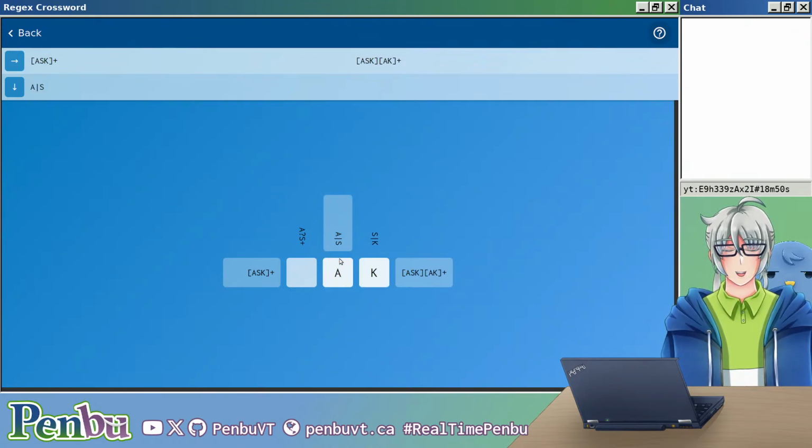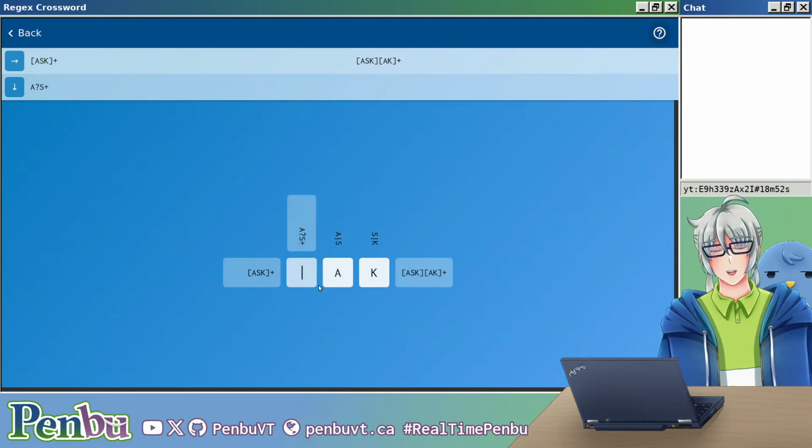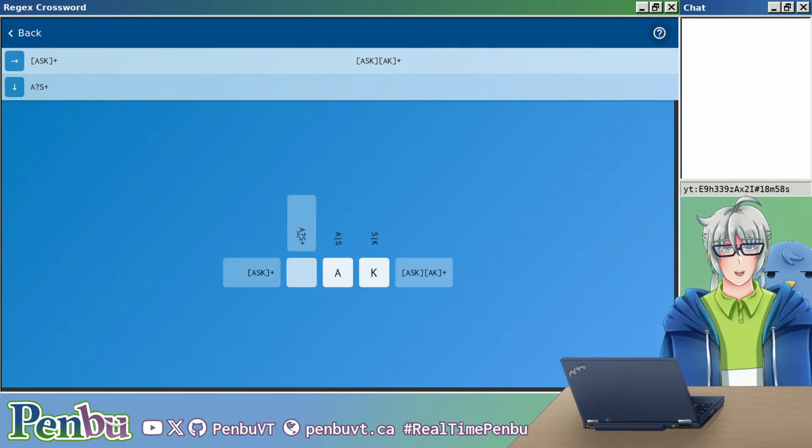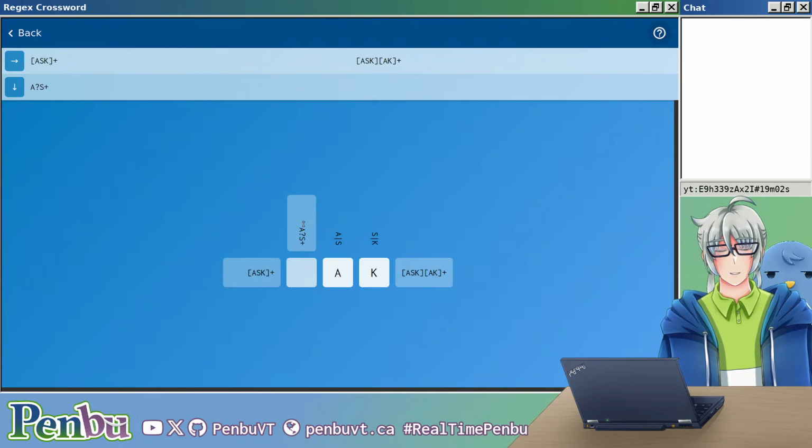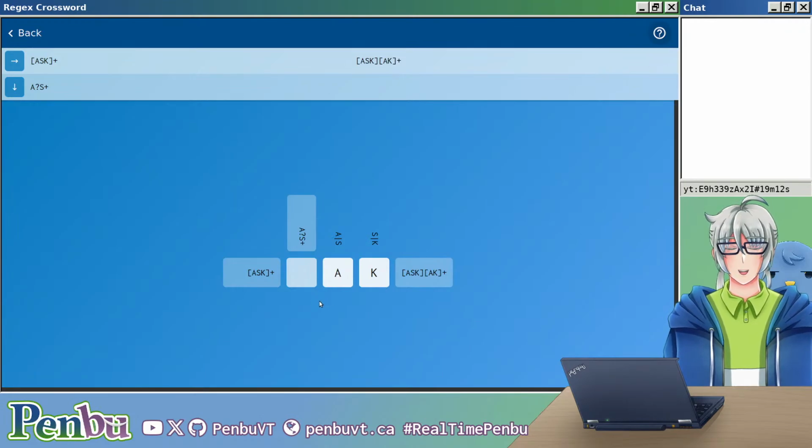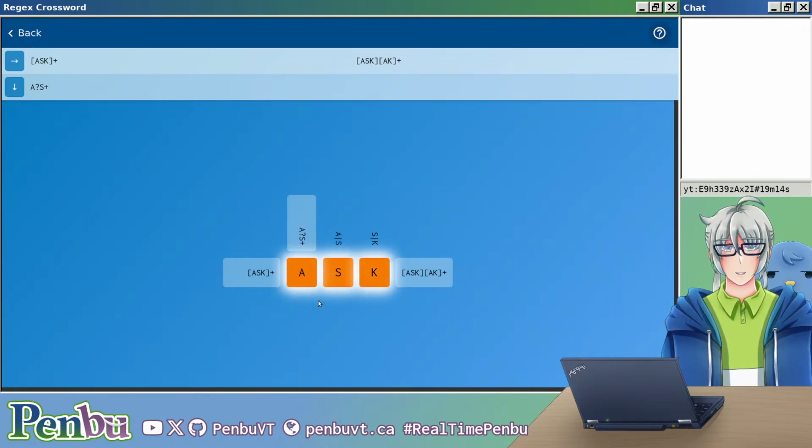This is an A because of that. And then this can be an A, S, or K. They can't be a K because we don't have a K in here, so it can either be an S or an A, and we're forced to have an S because this is a plus. So there has to be one or more of the S's, and if we make it an A, there won't be any room for any S's, so this has to be an S.